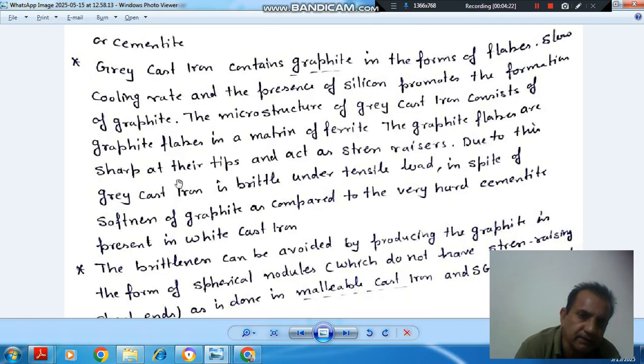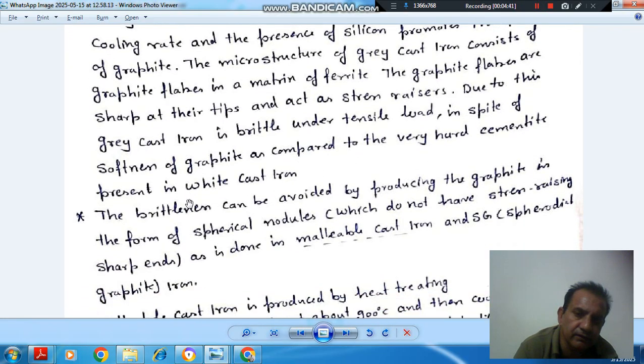This is an important point: the graphite flakes are sharp at their tips and act as stress raisers. Due to this, grey cast iron is brittle under tensile load in spite of softness of graphite as compared to very hard cementite present in white cast iron.